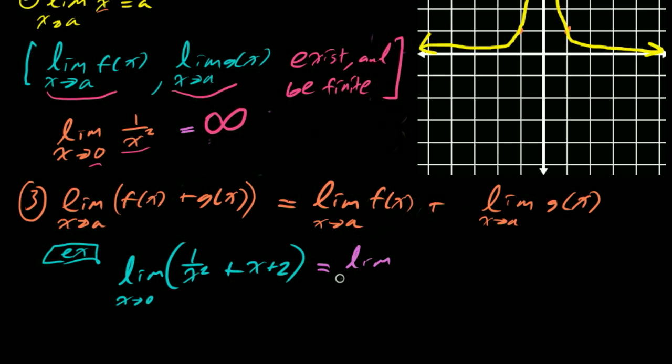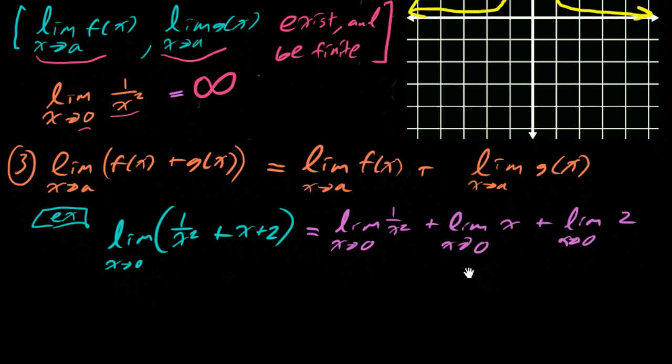We've got the limit as x goes to 0 of 1 over x squared, plus the limit as x goes to 0 of x, plus the limit as x goes to 0 of 2. So now you might be wondering, well, these 2 over here are pretty simple.